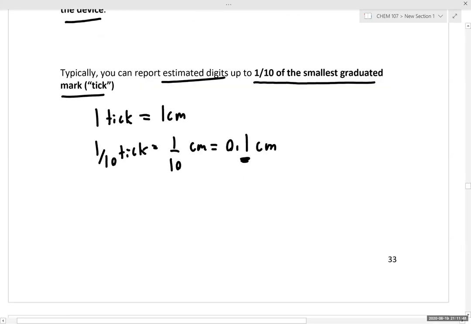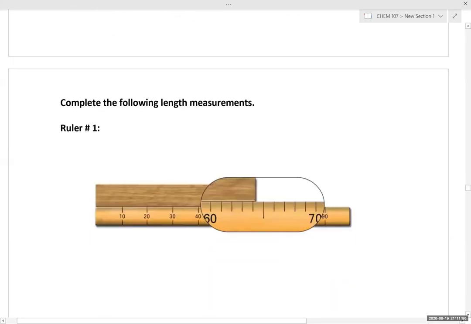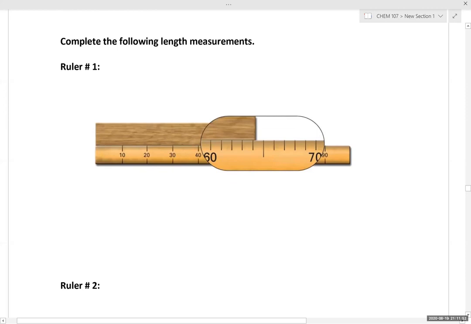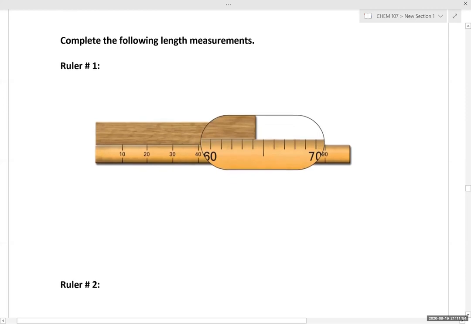Let's keep going then, and let's take a few measurements. I'll do this first example once again. To figure out the value of a tick, you may be wondering, how did I know that this ruler counts in centimeter increments?